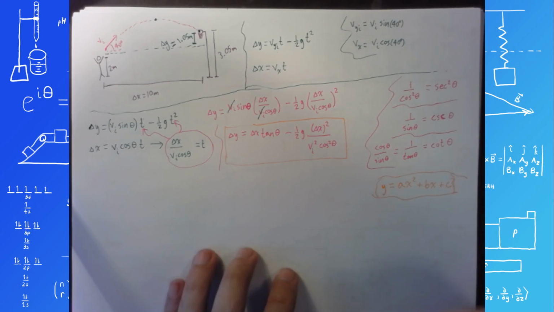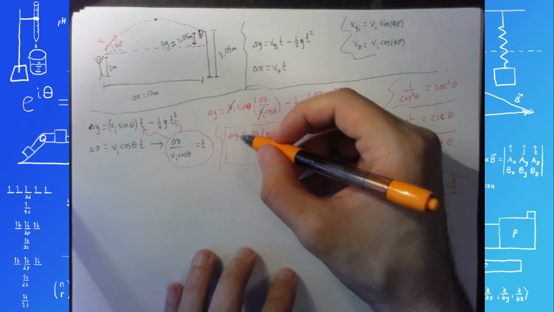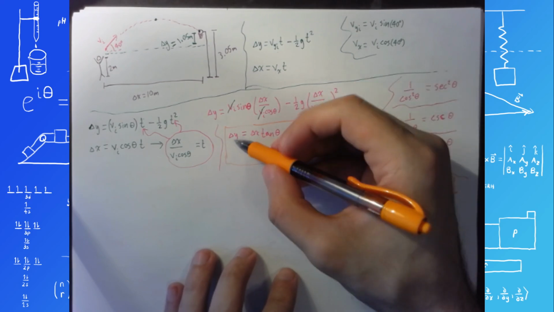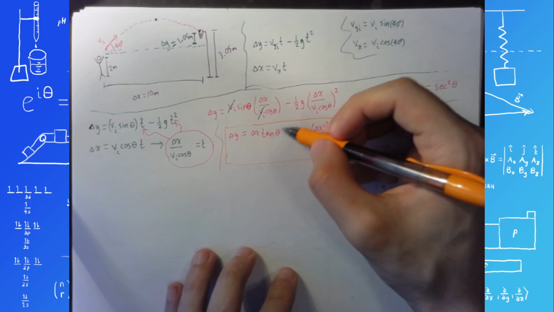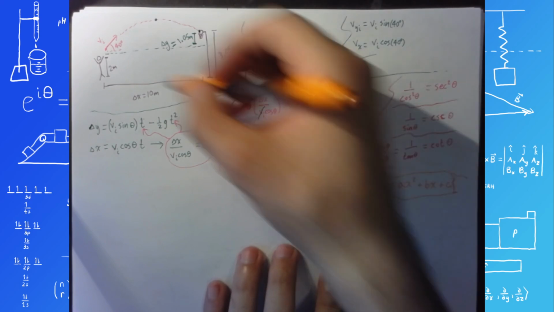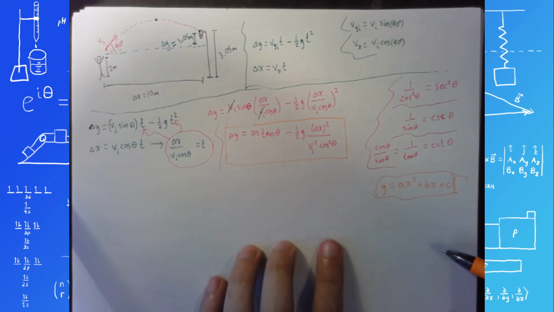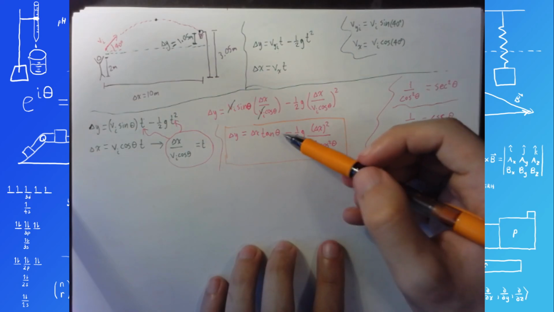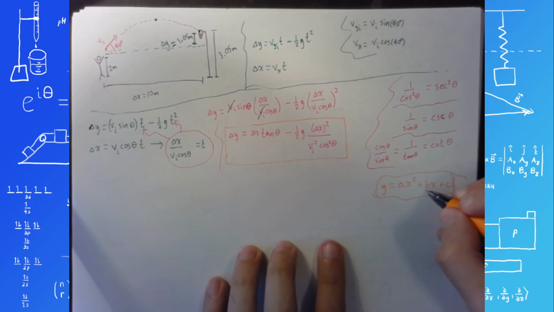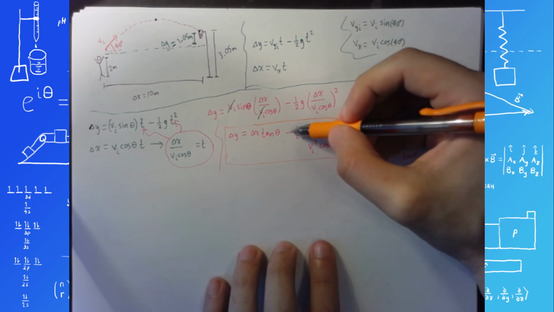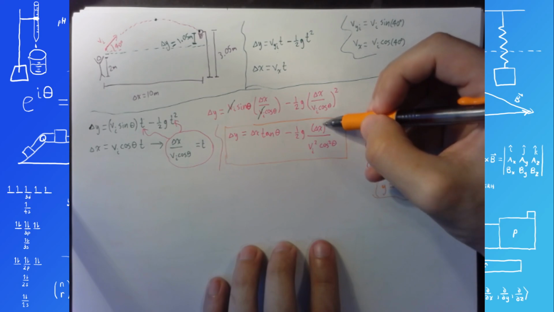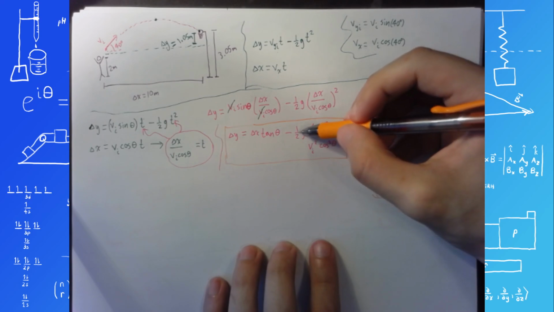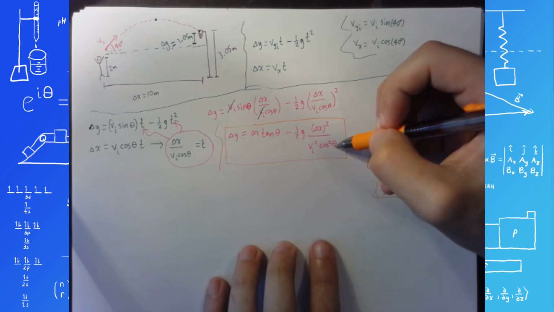So how do we see that here? Well, your variables would be y and x, and so you'd have y equals x times tan of theta. Whatever your theta is, it's going to be some sort of constant initial angle. So that tan theta is basically going to be your b in this expression. And then minus 1/2 g over v initial squared cosine squared, all times delta x squared.